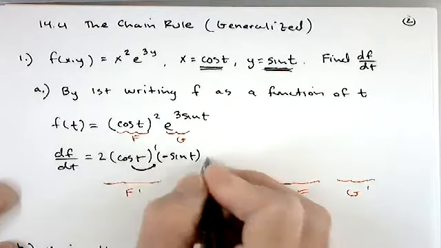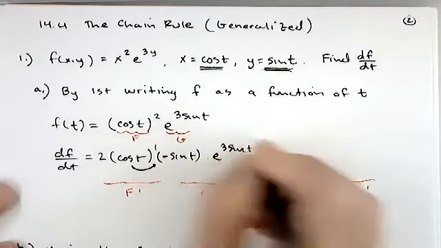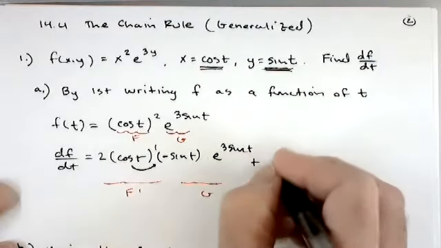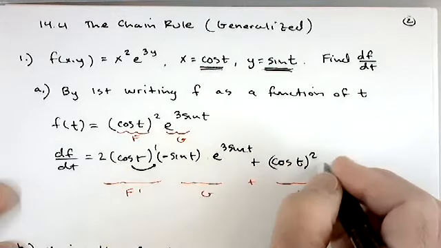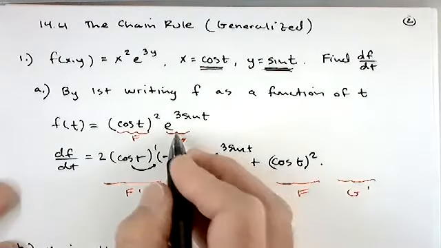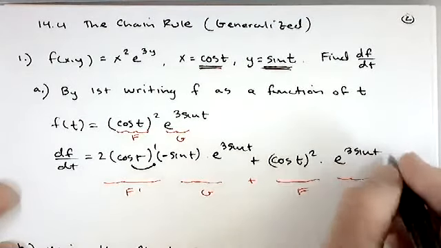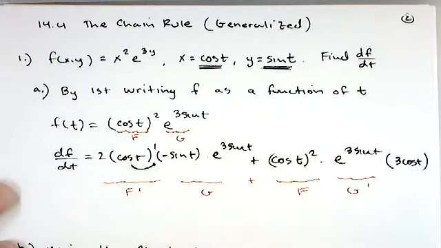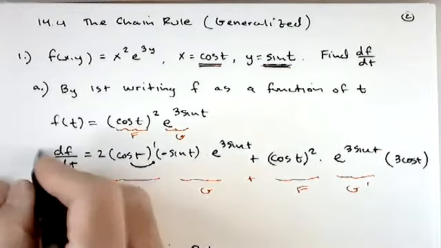There's f prime, times g, e to the 3 sine t, plus f, which is just cosine squared t. I'll write it the same way. Times the derivative of e to the 3 sine t, which is e to the 3 sine t, times its derivative, which is 3 cosine t. Not too bad.